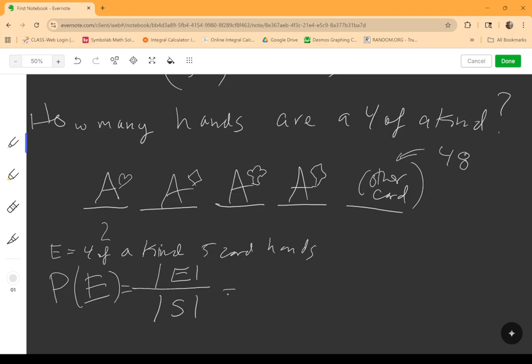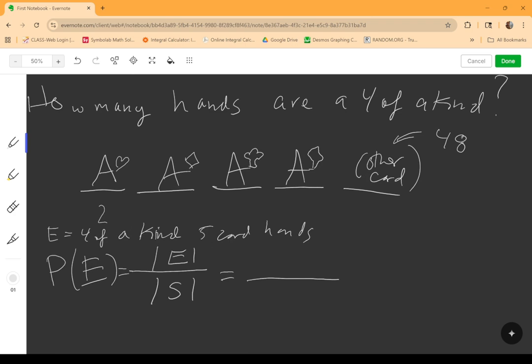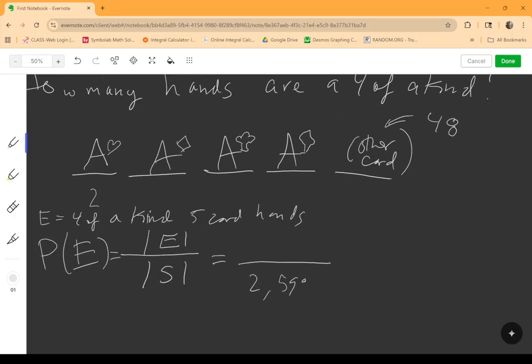Okay, now I know what the size of S is, right, from above, so that's 2,598,960.